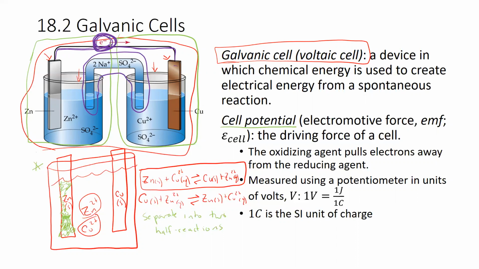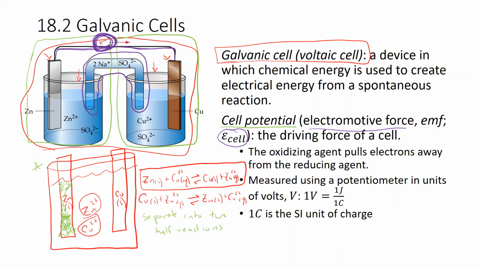Now, the cell potential is also called the electromotive force, or EMF, and it's abbreviated with an epsilon or a capital E, depending upon the source you're looking at. That's the driving force of the cell. That's what causes an electrochemical cell to go in a spontaneous direction.